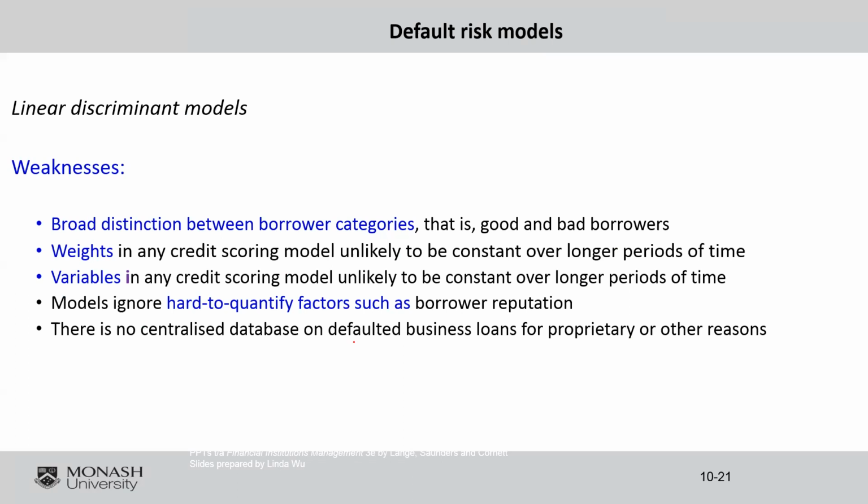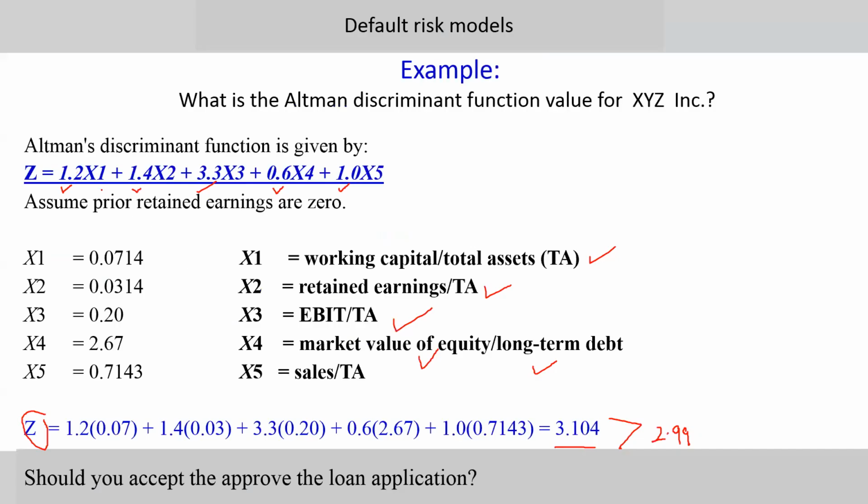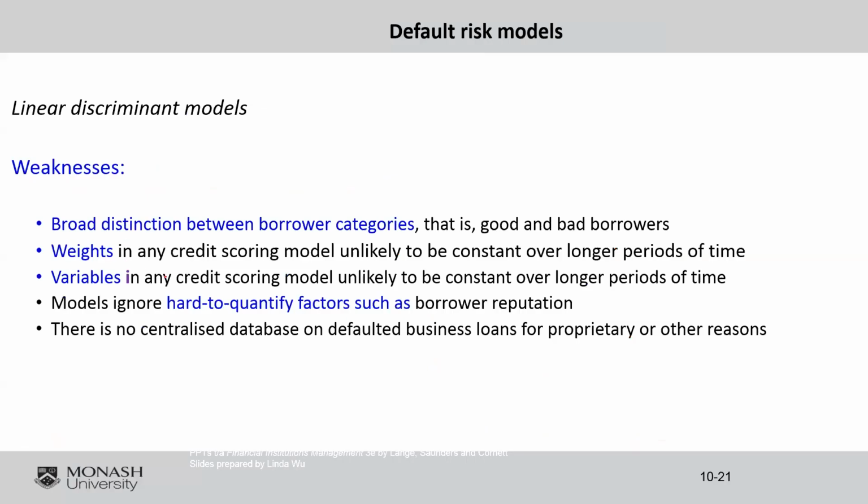The weights, which we call the coefficients, 1.2, 1.4, are supposed to be a worldwide model, to be used by banks all over the world, but actually this can change from one industry to another, from one country to another. I think this was calculated according to the American environment. This is another weakness.